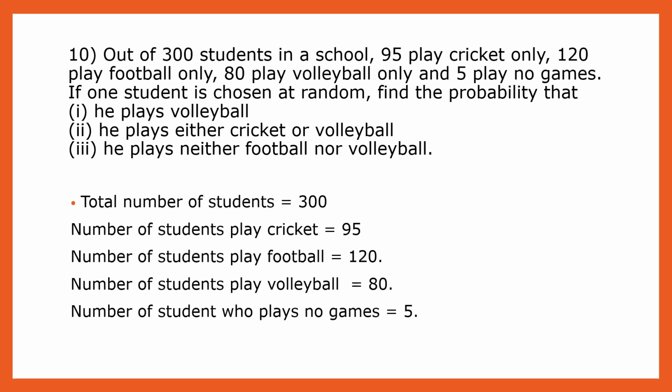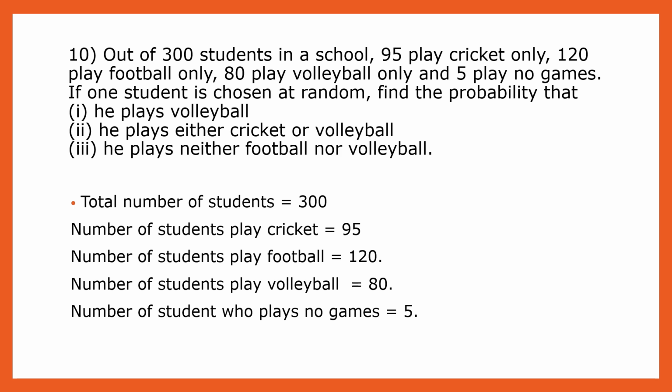Now let's see this last example. Out of 300 students in a school, 95 play cricket only, 120 play football only, 80 play volleyball only, and 5 play no games.